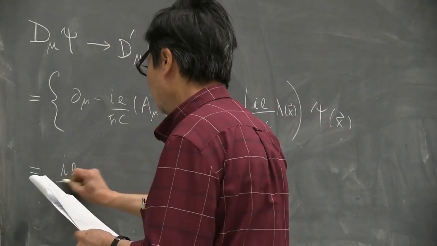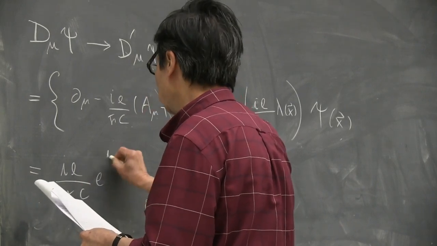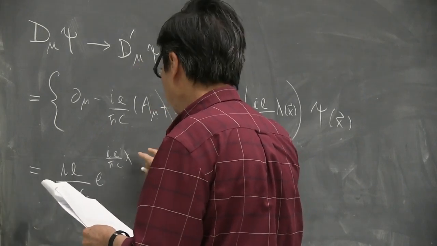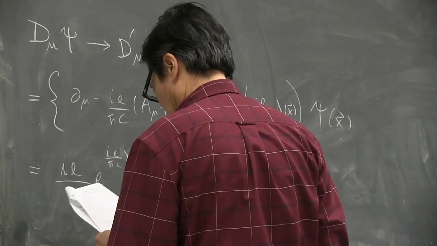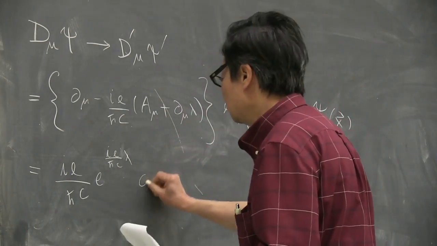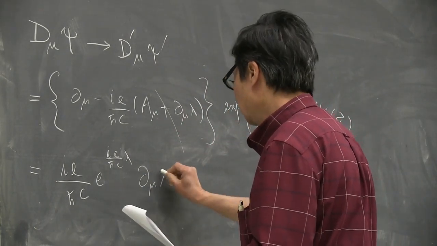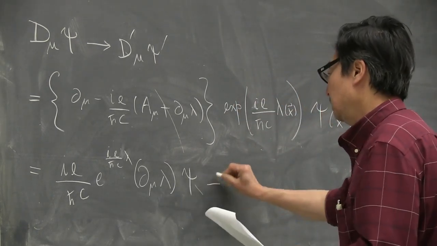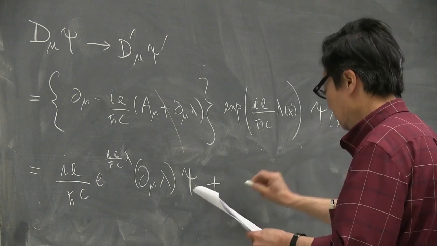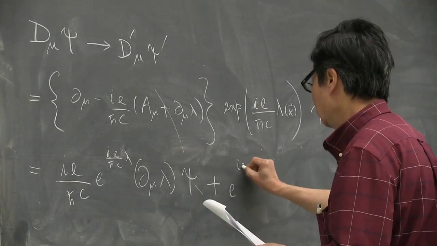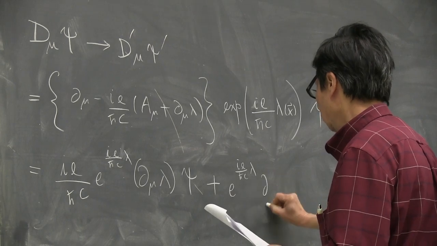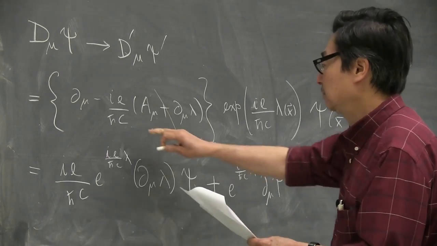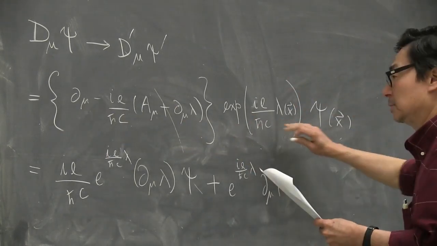I have iE over h bar c times e to the iE over h bar c lambda. By the chain rule, I then have to differentiate the lambda, times the psi itself, plus, this time I'm differentiating just the psi. So I have e to the iE over h bar c lambda times partial_mu psi. That takes care of this partial derivative acting on this product.